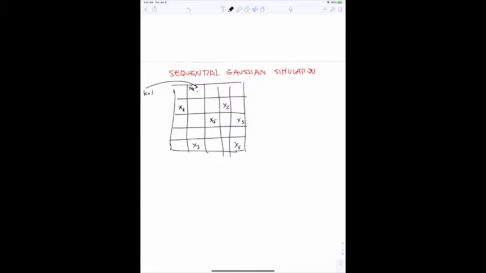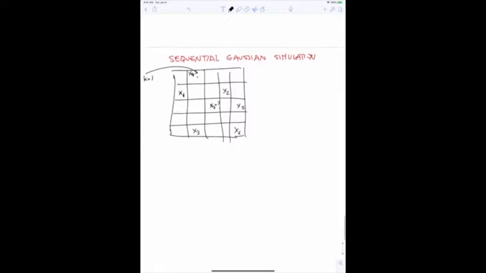Let's say that this is the one that we're trying to estimate. So we have already simulated x4, x5, and x6. So here we are going to do our steps. So we have the k is equal, so this is the fourth location in the random path.